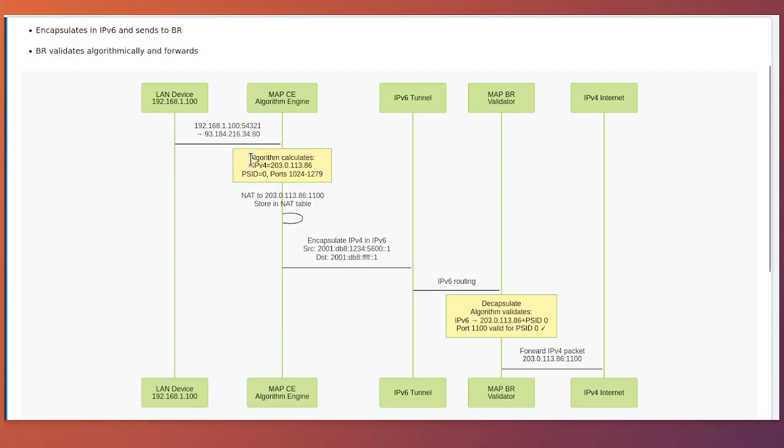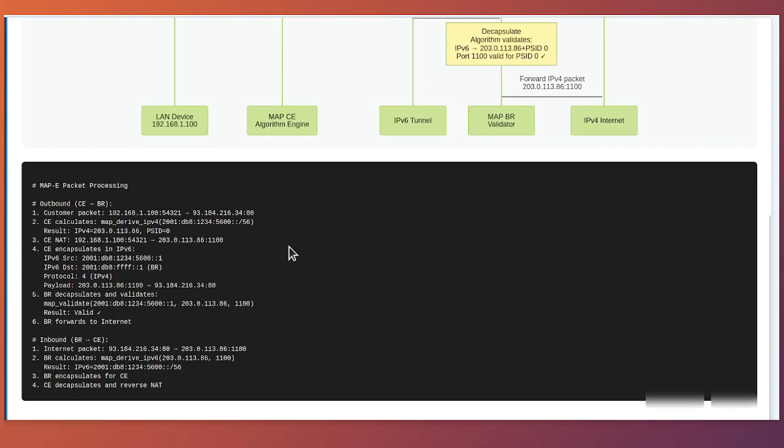The CE first calculates its derived IPv4 address using the MAP algorithm. It extracts bits from its IPv6 prefix according to the EA bits specification. In this specific instance, bits 41 to 48 of the IPv6 address 2001:DB8:1234:5600 contain the value 0x56, which becomes the last octet of the IPv4 address, giving us 203.0.113.86.